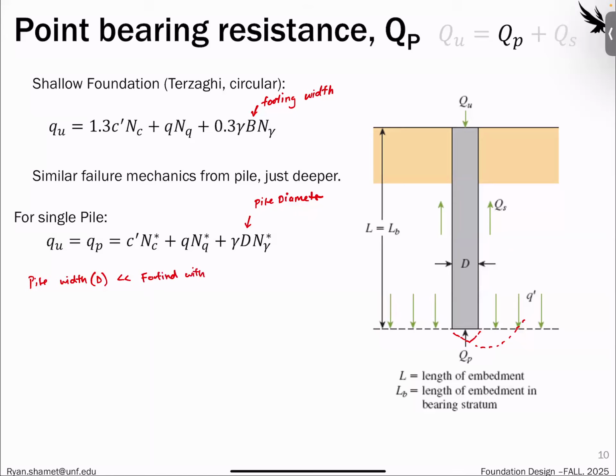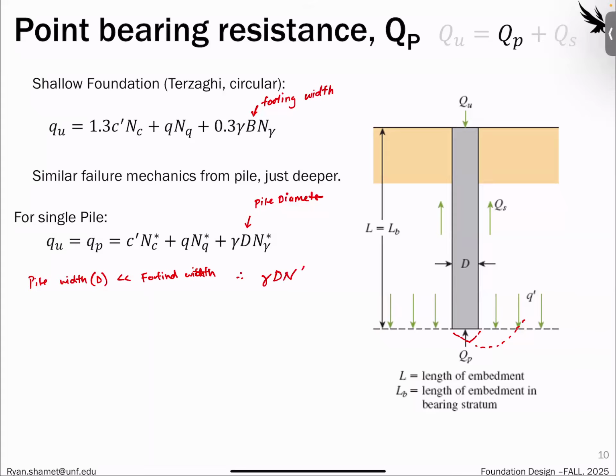Footing contributions can be like 5 feet, 6 feet, 7 feet. These pile diameters can be relatively small, like 1 foot, 2 foot, unless we're talking about some of these larger designs. So therefore, we're going to say that this term is pretty negligible.